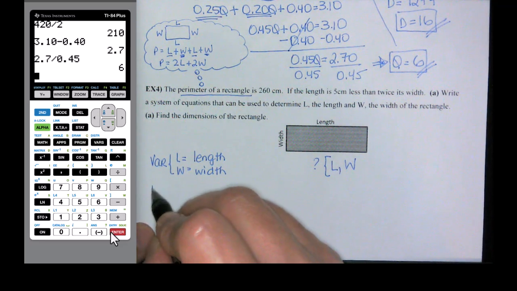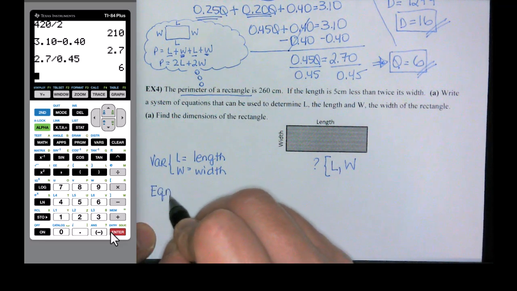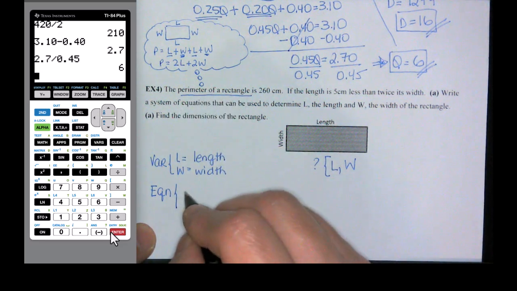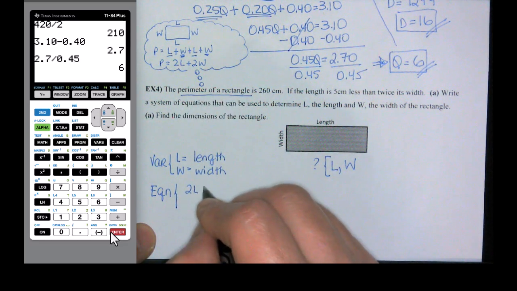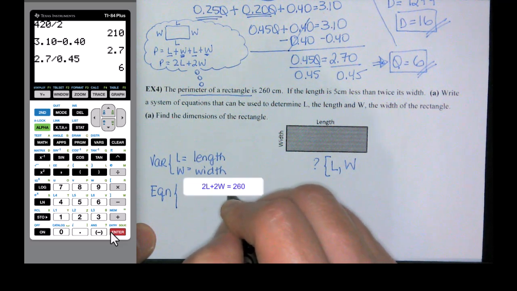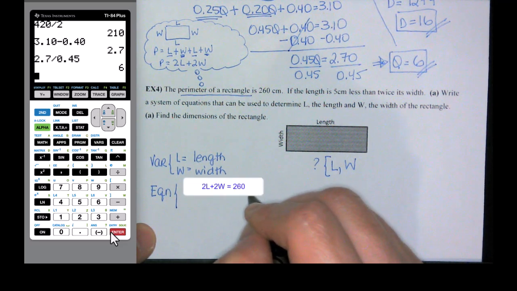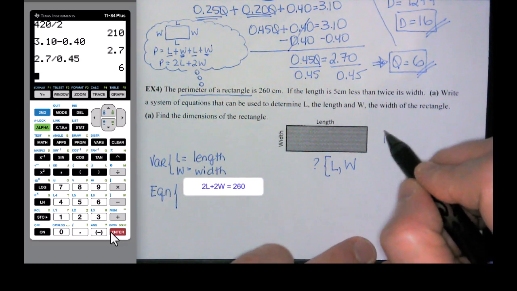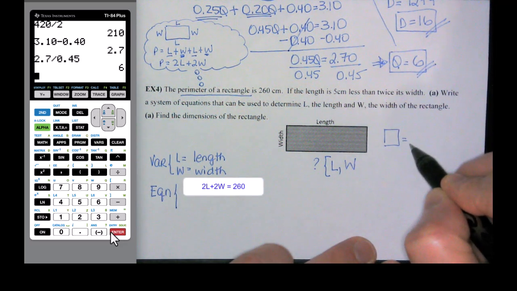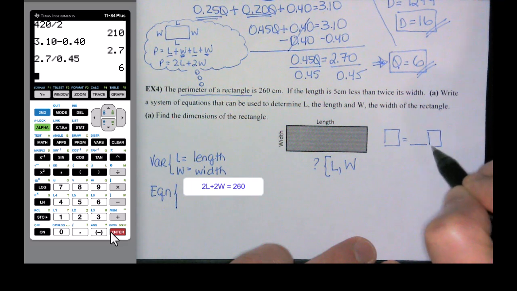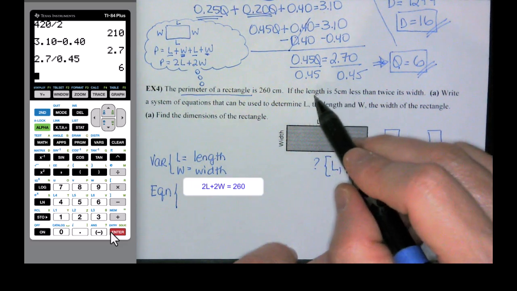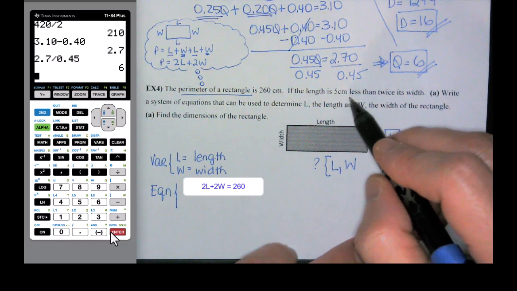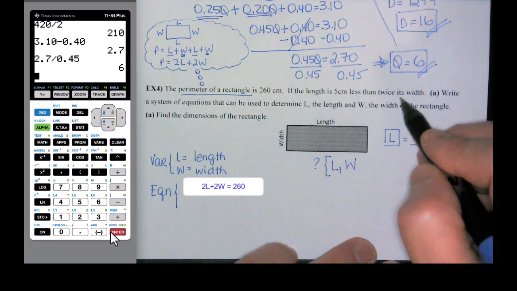So when translating this problem, and when reading perimeter of a rectangle, I automatically think, oh, 2L plus 2W is 260. Now the second phrase is where I can use that setup that we're learning in this lesson. And we see the length, that's the first variable to appear, is 5 less than twice its width.